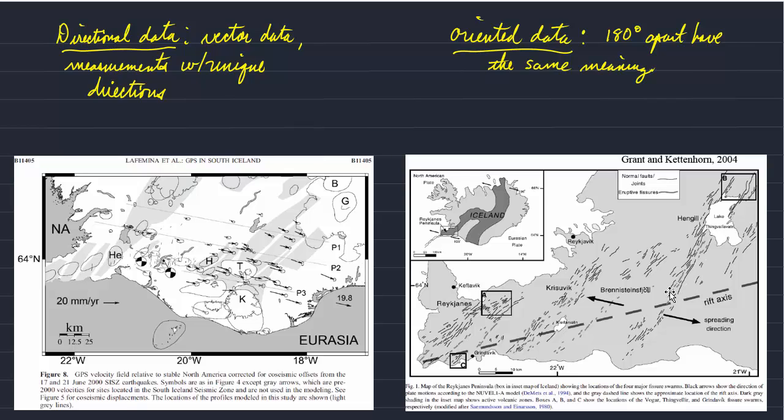So you can see that the faults tend to strike something like maybe 40 degrees clockwise from north, but one could also describe those strikes as having an azimuth of 220 degrees clockwise from north. So that's an example of oriented data. So you can see how these data are represented on maps as arrows or lines.